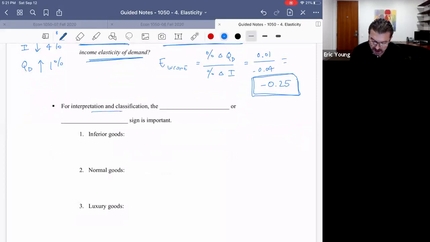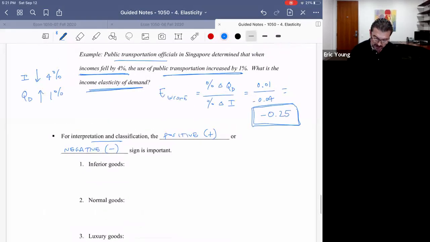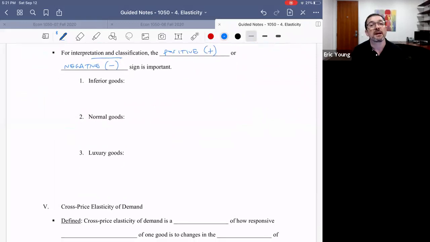As I just mentioned, now that we have that measurement, we have to interpret it. For the interpretation and classification, the positive or the negative signs are really important, so keep them. This metric, the income elasticity of demand, allows us to determine if a good is an inferior good, a normal good, or a luxury good.